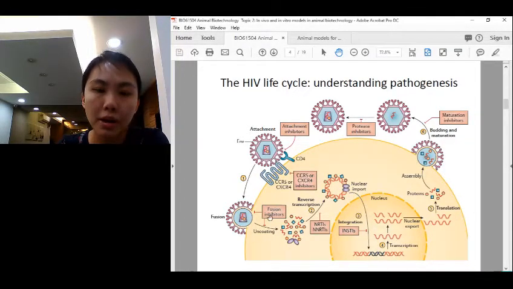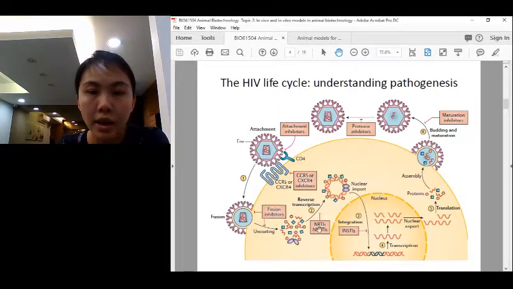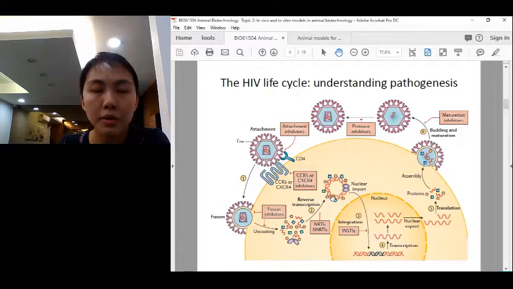Some of them are fusion inhibitors, which inhibit the fusion process and the uncoating process. And some of the most famously developed drugs would be the inhibitors that inhibit reverse transcription, inhibit integration, as well as the maturation inhibitors and the protease inhibitors.